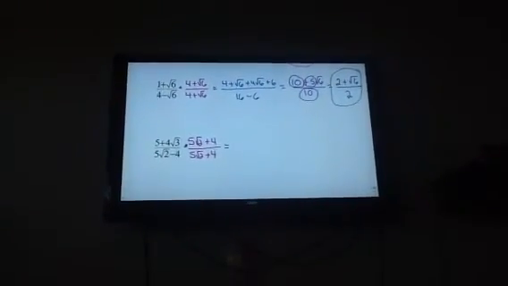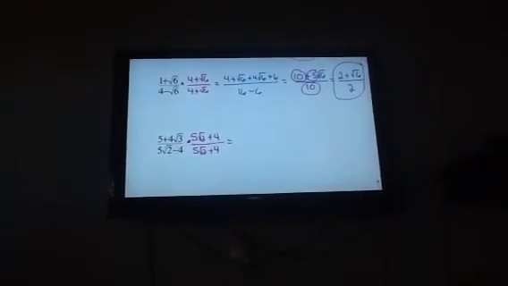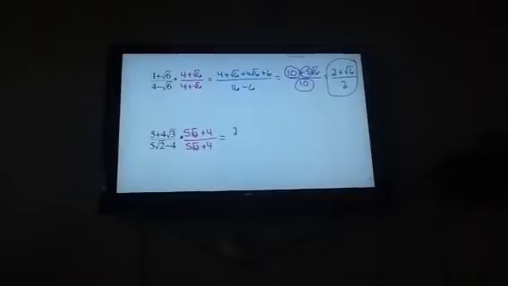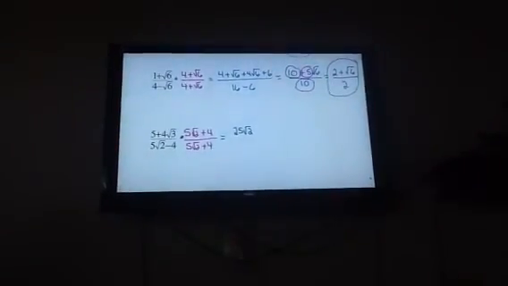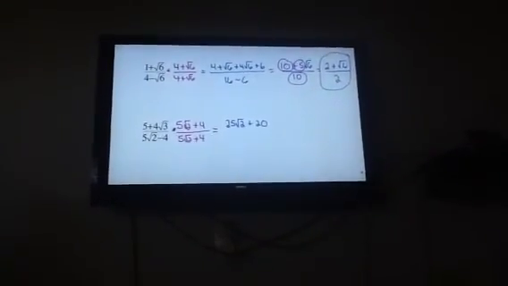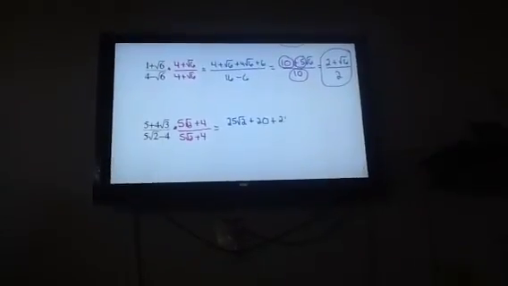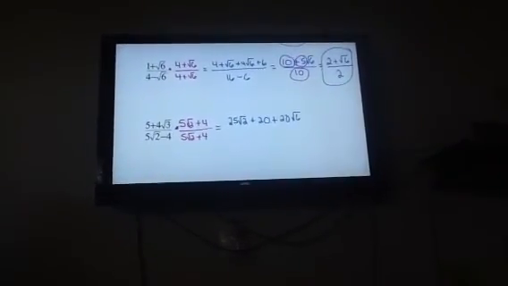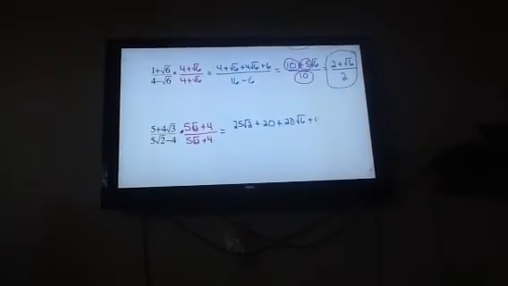So I FOIL in the numerator. 5 times 5 square root 2, 25 square root 2. Outer times outer, positive 20. Inner times inner, 20 square root 6. And last times last, 16 square root 3.